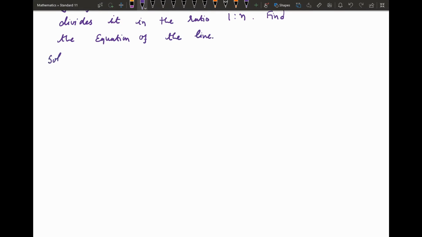So let us discuss the solution. First, see the question. We are given line segment AB, a line perpendicular to the line segment joining the points (1, 0).